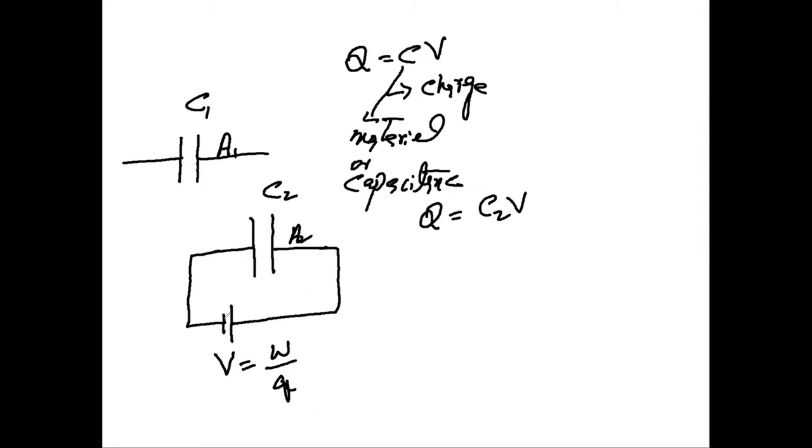This electron will get energy from this potential source and it will go like this. As electrons start motion, we can say that current is flowing like this. When the electron reaches this plate, it will not deliver energy, but it will deposit over here because this is the capacitor.